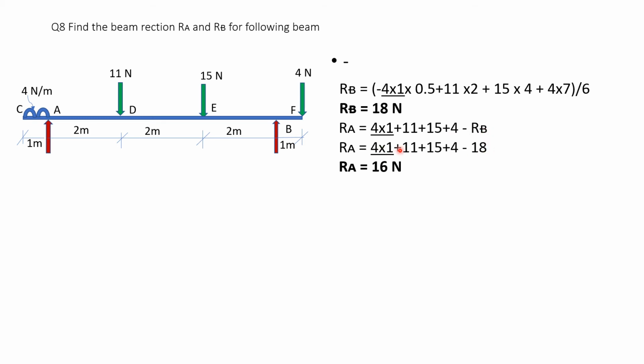Substitute the value, 4 into 1 plus 11 plus 15 plus 4, and RB is 18, so minus 18. Do the calculations, take the calculators in your hand. 4 into 1 plus 11 plus 15 plus 4 minus 18. You will get answer 16. So RA is equal to 16 and RB is equal to 18.